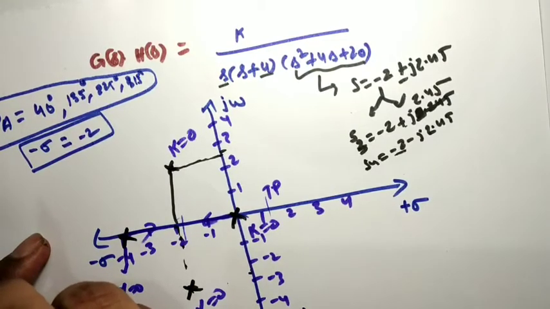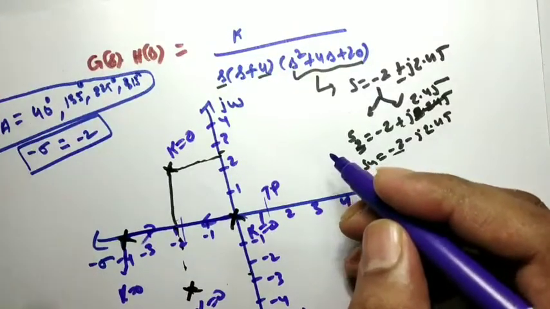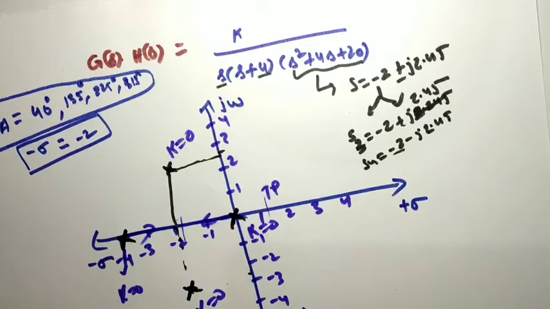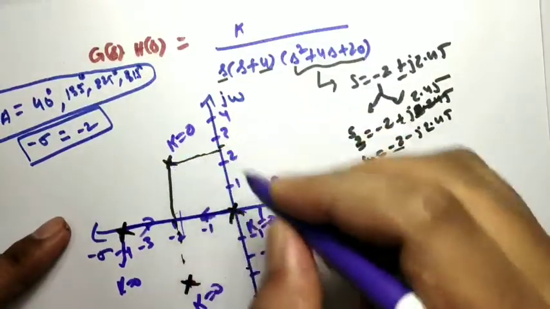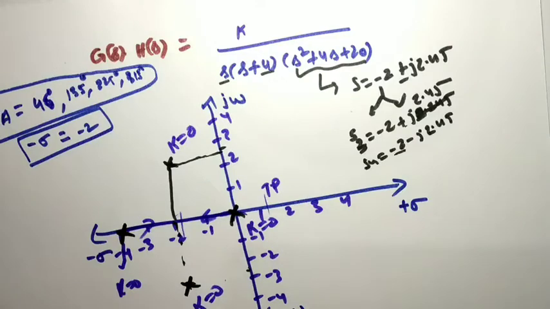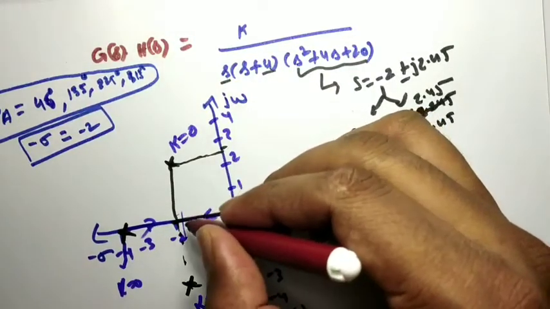So this is 45 degrees. You don't know how this pole is moving, so to find that, you draw a line at 45 degrees, taking the real axis as the reference.